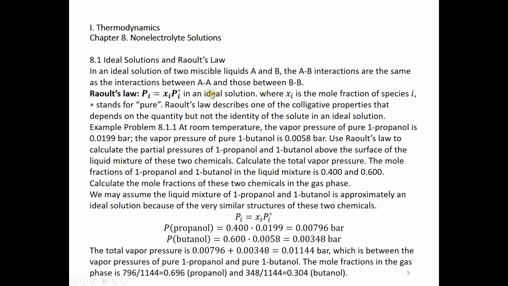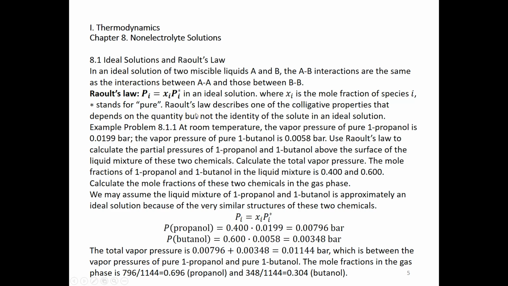Now let's look at Raoult's law again. The partial pressure of species I on top of a solution of I is equal to the mole fraction of I in the solution in the liquid phase multiplied by the pressure of a pure I. Again, X stands for mole fraction and star stands for pure.